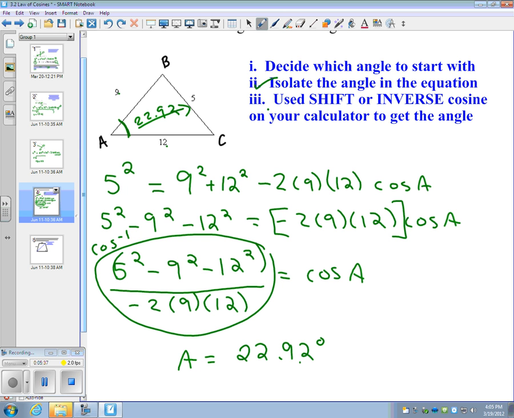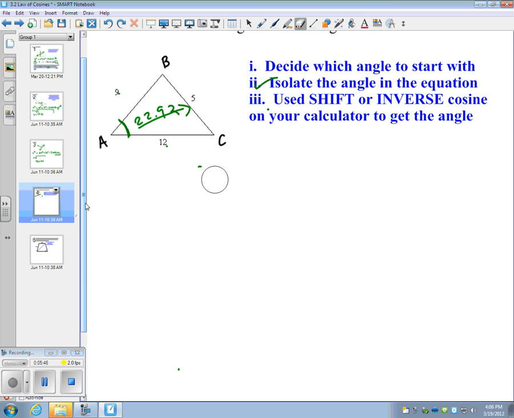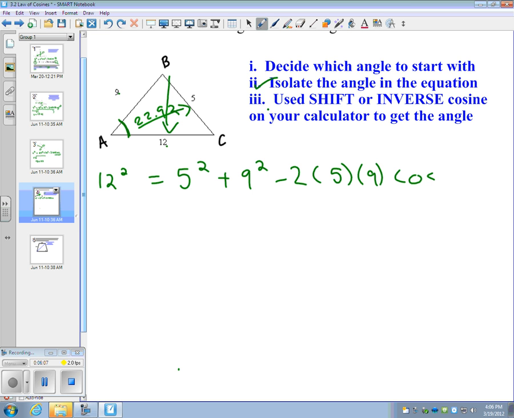Okay, we can go through the same process, and now we can get another angle. And then for the third one, chances are we're just going to use the fact that the angles add up to 180. So let's do B next. We're looking at the side across from it. So 12 squared is equal to 5 squared plus 9 squared minus 2 times 5 times 9 times the cos of B. We're going to isolate that once again.